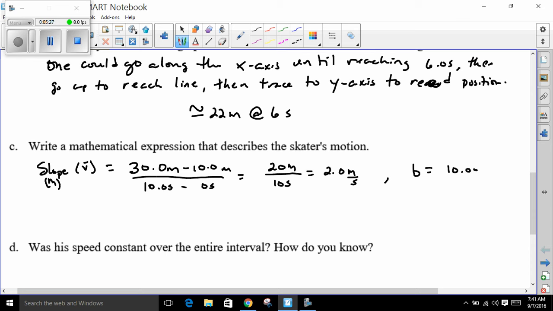So we have the equation in y equals mx plus b form, that we have our final position, xf, is equal to 2 meters per second times a time interval plus 10 meters.